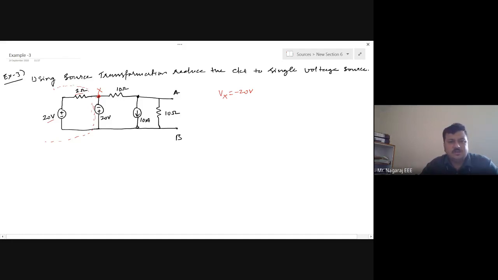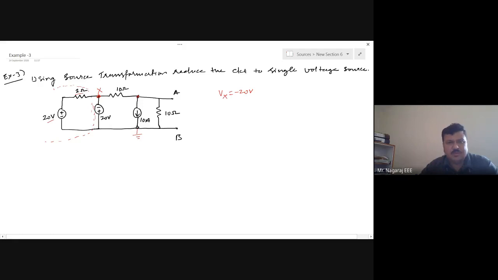Because this node X is directly connected to a voltage source. Between this node and the ground, if I take this as the ground or negative connection, the voltage between X and ground is always minus 20 volts, irrespective of what is happening in this branch. But thinking that way, you cannot neglect the right hand side, don't do that, because there is another node here.